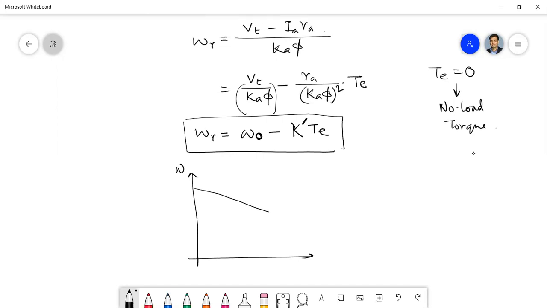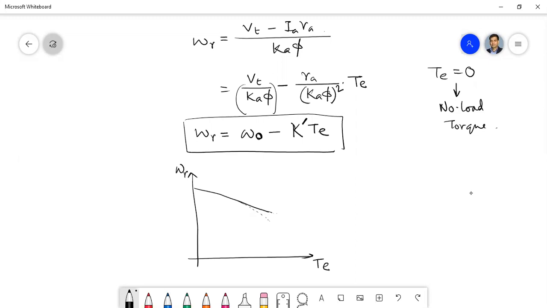Generally it becomes non-linear after some time due to the armature reaction. I am not going into the details, but ideally it should be linear as per the expression we have derived. So this is called the speed-torque characteristics for a DC shunt motor.